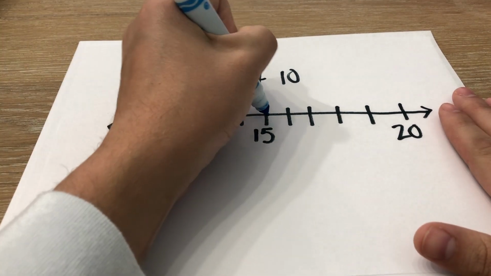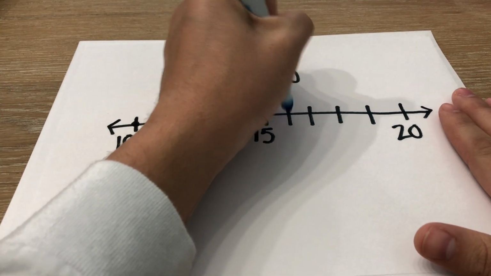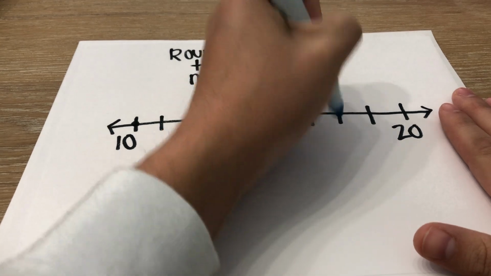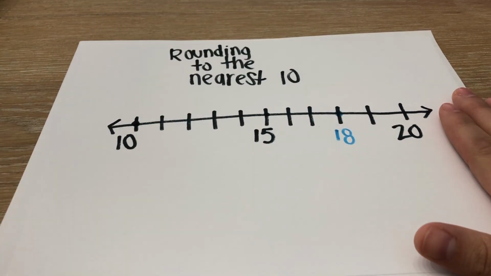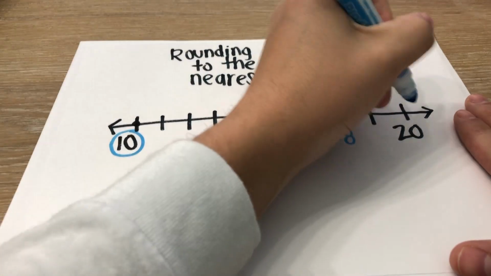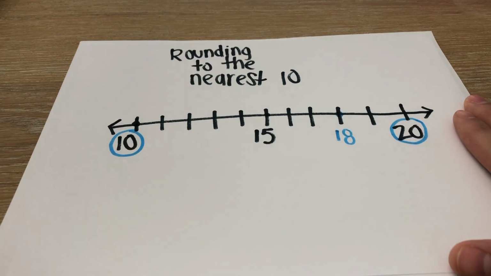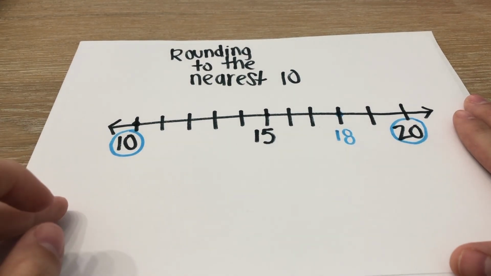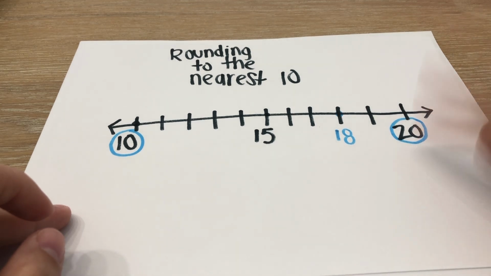So 15, I already marked it. So 16, 17, 18 is right here. So which number is 18 closer to if we're only looking at 10s? So we're only looking at 10 and 20. 18 is closest to 20.